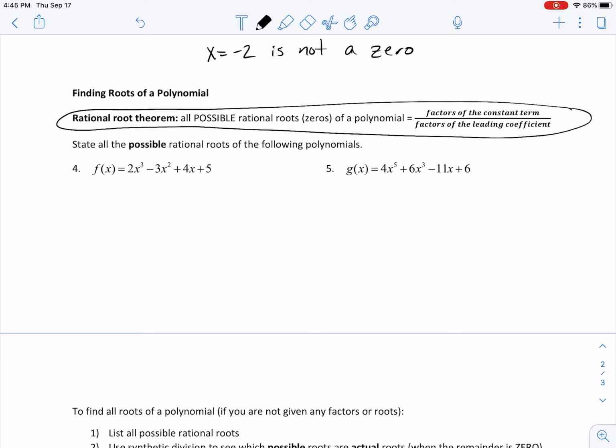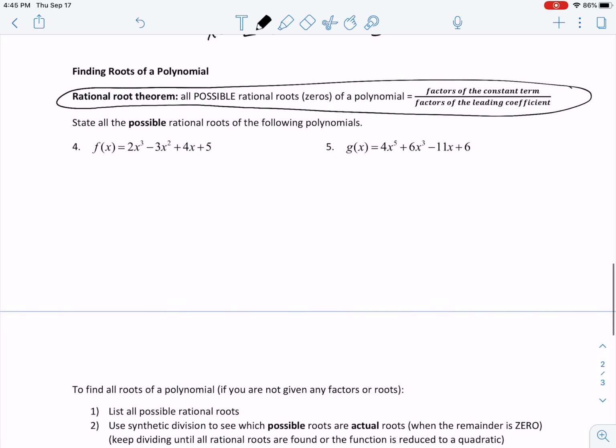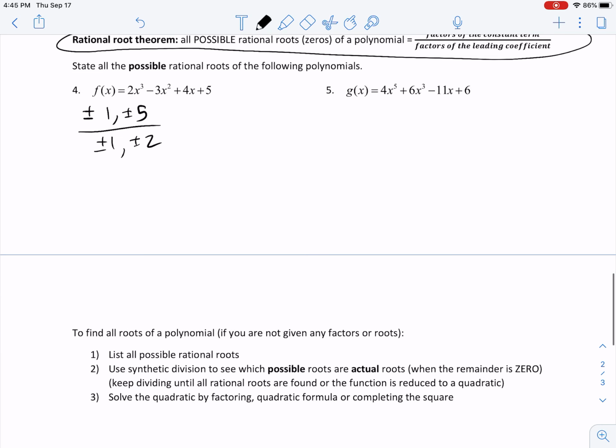Okay, so basically it's the factors of the constant term divided by the factors of the leading coefficient. The factors of 5 are plus or minus 1 and plus or minus 5. The factors of 2 are plus or minus 1 and plus or minus 2. So the answer I'd like to see is 1 divided by 1 is 1, 5 divided by 1 is 5, plus or minus 1/2, plus or minus 5 divided by 2 is 5/2.